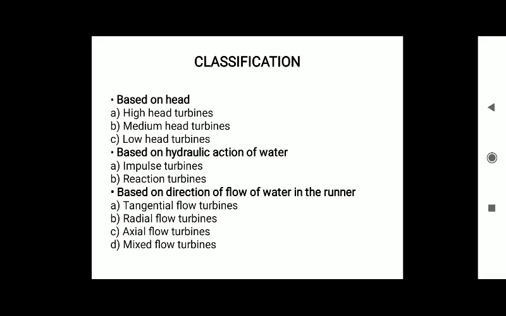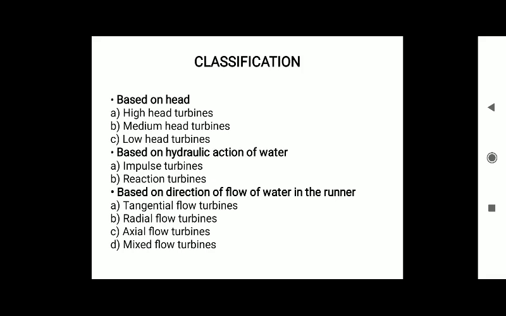That means the direction of the jet, or the water coming out of the jet, should be perpendicular to the axis of rotation of the shaft. I think it is clear what radial flow turbines are.